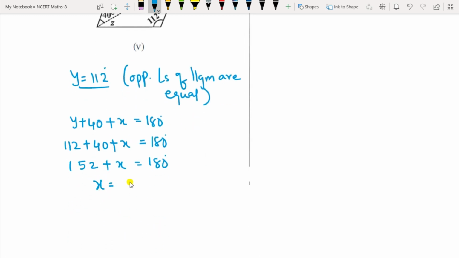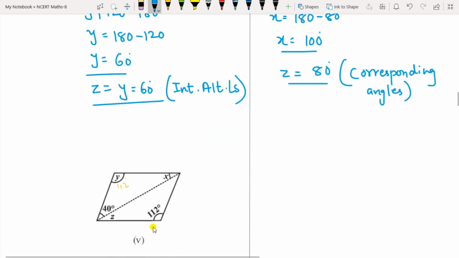Therefore x equal to 180 minus 152, that becomes x equal to 28. So x you got it as 28.